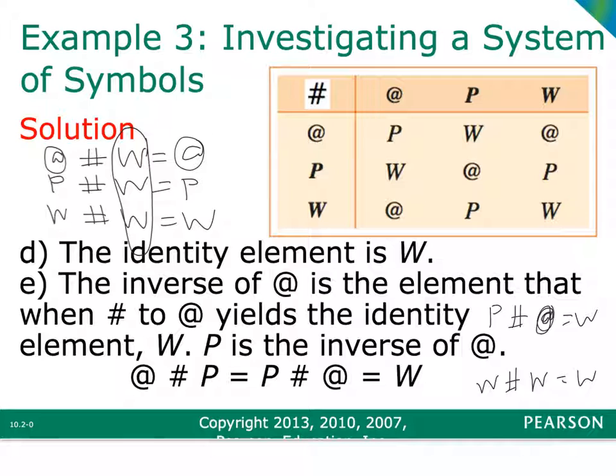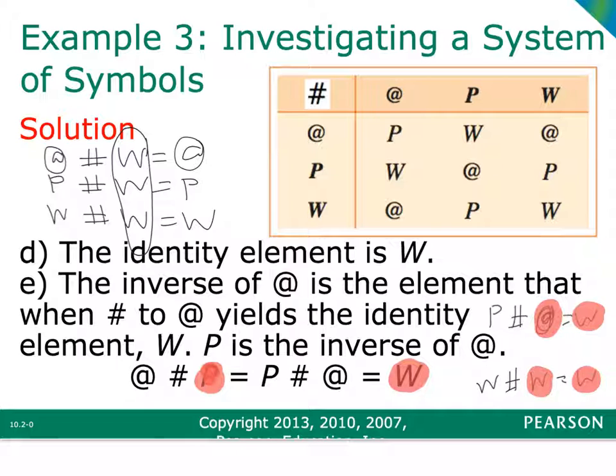The inverse of @ is P, because if I say @ number P, I get my W, which is my identity element, right? The inverse of P is @, because if I take P number @, I get my identity element of W. And the inverse of W is W, because if I take W number W, I get my identity element.